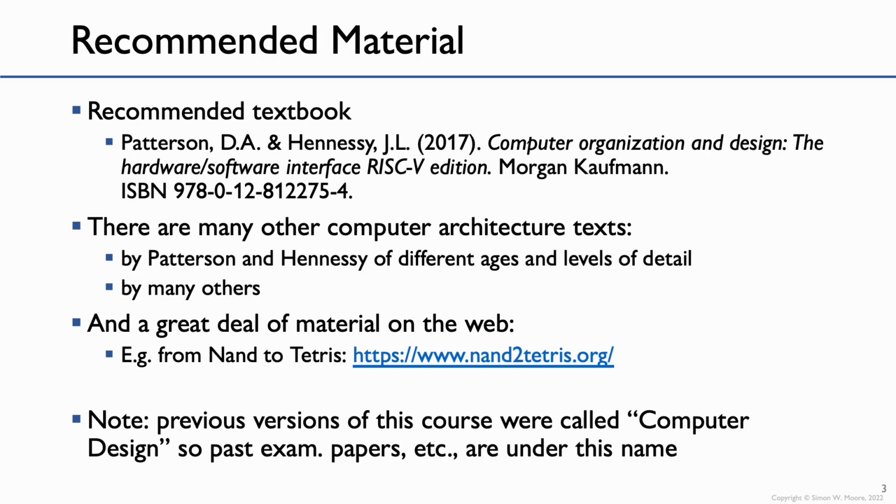Regarding recommended material, there's a recommended textbook by Patterson and Hennessy called Computer Organisation and Design, the Hardware Software Interface, RISC-V edition. This uses the RISC-V processor architecture, the instruction set architecture that we're going to use extensively in this course. Patterson and Hennessy have written a number of different computer architecture books over the years.